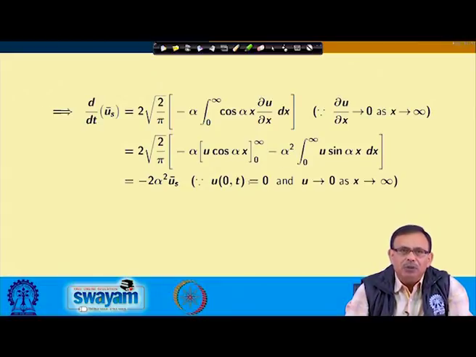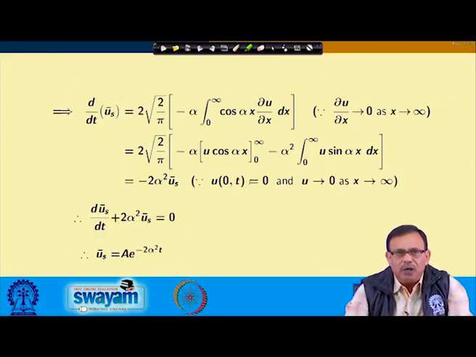So, it becomes minus twice alpha square into u bar s. So, your differential equation now becomes d u bar s by dt plus twice alpha square u bar s equals 0, and its solution is u bar s equals a e power minus twice alpha square t. So, you are converting the PDE into an ODE using the Fourier sine transform.